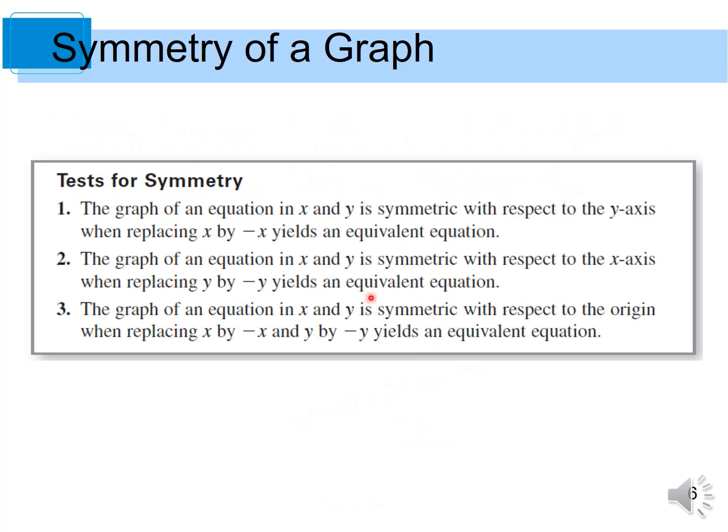This is a guideline to test the symmetry. If you want to test for symmetry with respect to the y-axis, you need to replace x by -x and then produce the original equation.